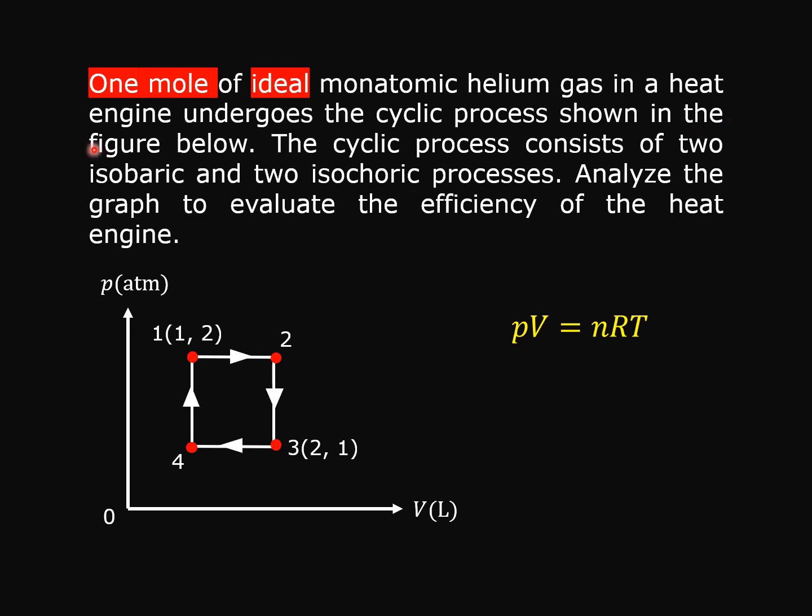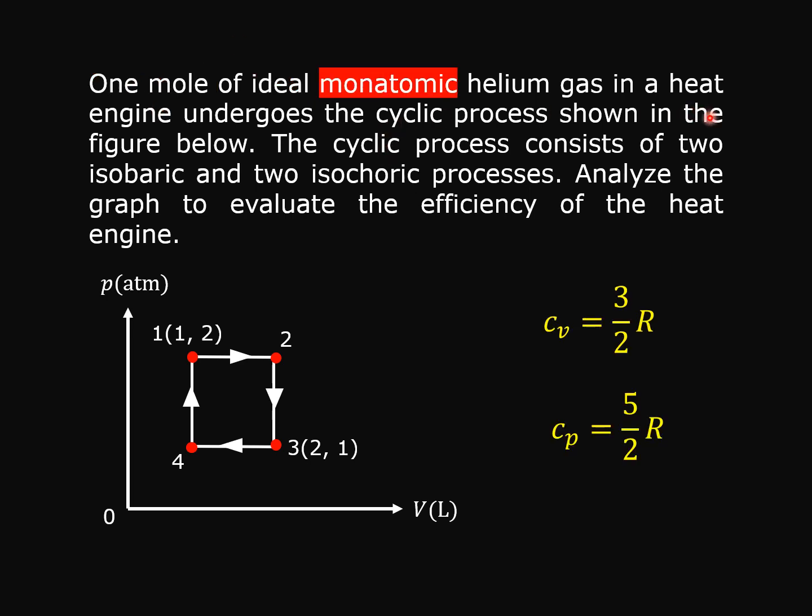The gas in the heat engine that we consider in this question is 1 mole of ideal gas. Since this is an ideal gas, it obeys the equation of state, the ideal gas law, PV = nRT, where n is the number of moles and it is given as 1 mole.